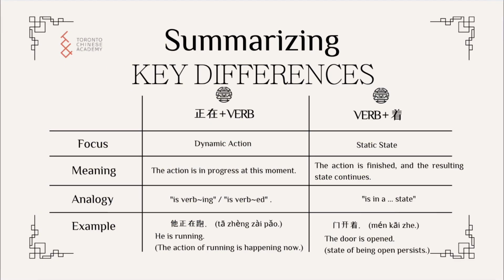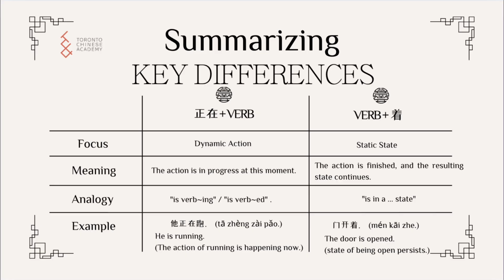Let's now look at a summary of the key differences comparing 正在 plus verb and verb plus 着. For 正在 plus verb, the focus is on dynamic action. The meaning conveyed when using this construction is that the action is in progress at this moment.